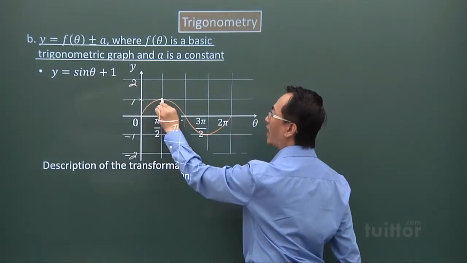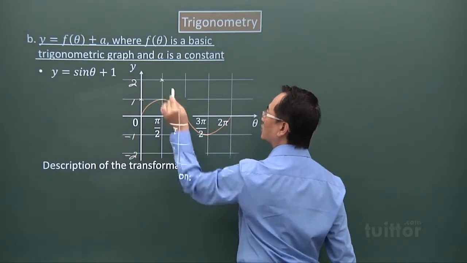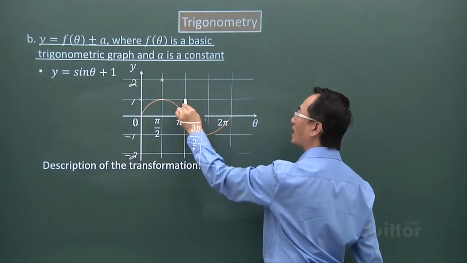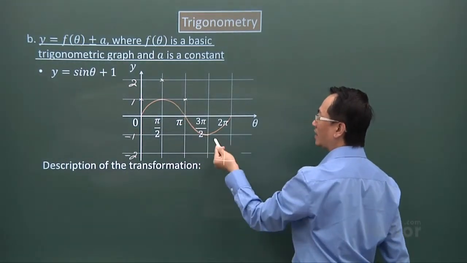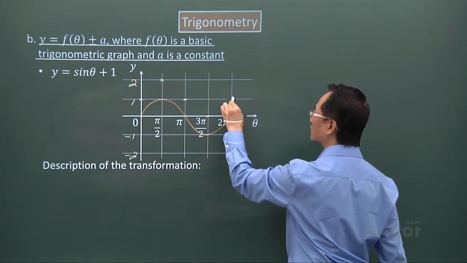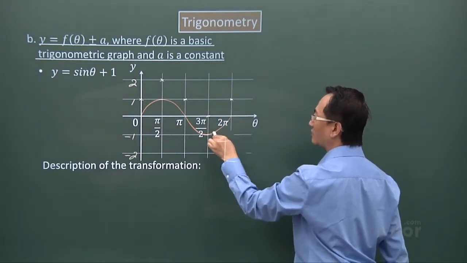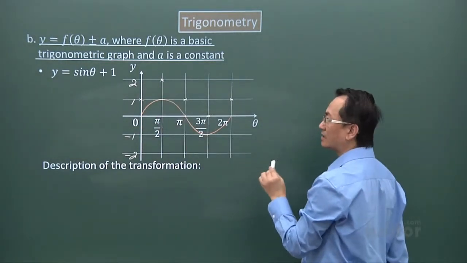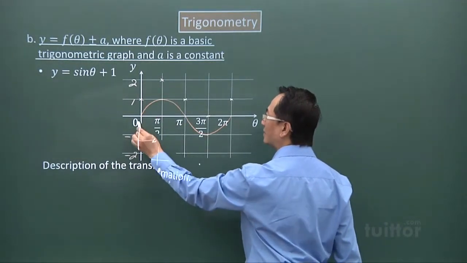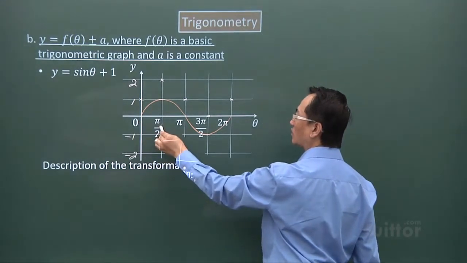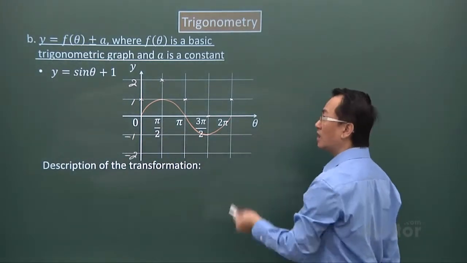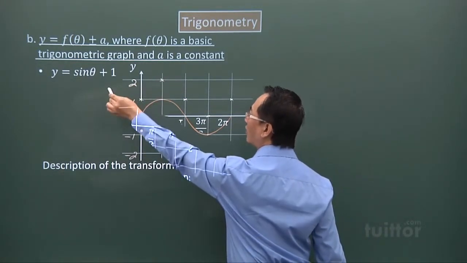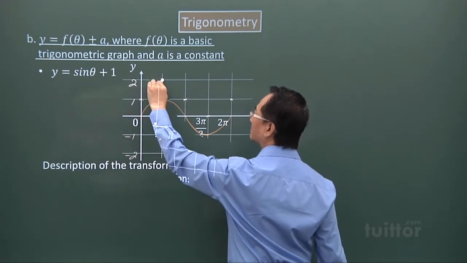Instead of at 1, it's going to be at 2. Instead of being on the axis, move 1 upwards at 1. So it goes to show that every part of the graph is increased by 1. But I'm only taking critical points that theta equals 0, theta equals pi on 2, and so on. And that will be enough for us to just sketch a proper graph of sine theta plus 1.